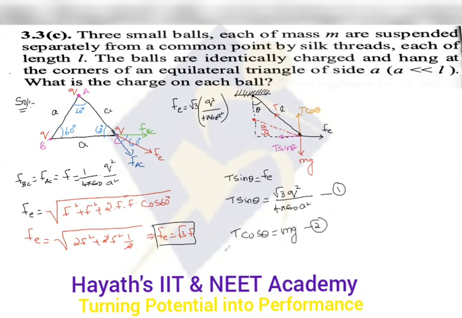When you divide equation 1 by equation 2, we can write directly that T sin theta by T cos theta is equal to root 3 q square by 4 pi epsilon naught a square mg. This T and this T will get cancelled.